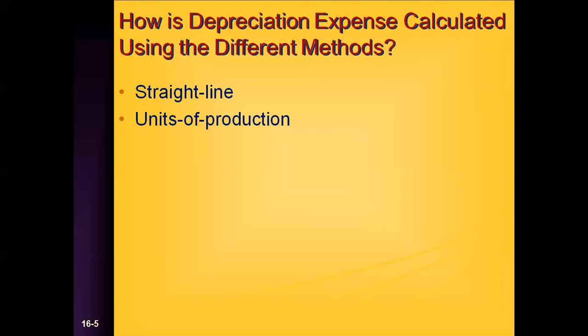So again, get this in your notes. For straight line depreciation, you take the cost minus the salvage value divided by the useful life, usually defined in years, and that equals your annual depreciation expense.